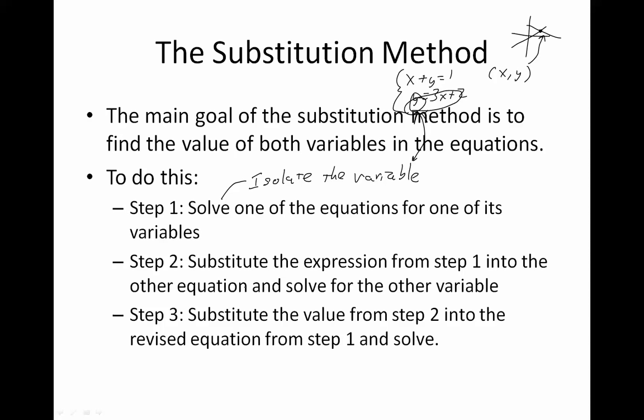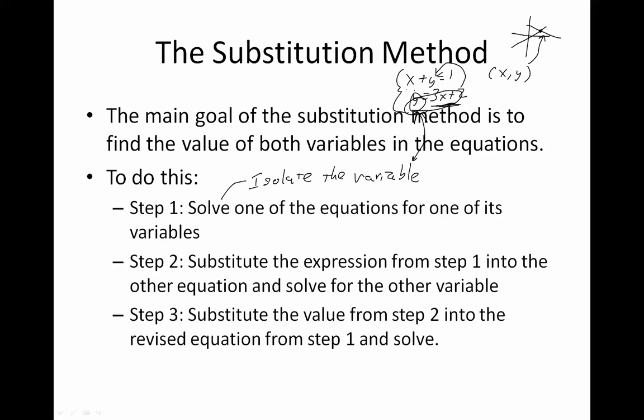Once we've done that, we substitute the expression from step 1, this expression right here, into the other equation and solve for the other variable. So we're going to take this expression and replace the variable y with it in the other equation.